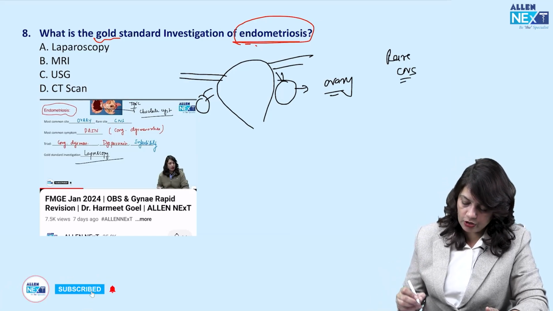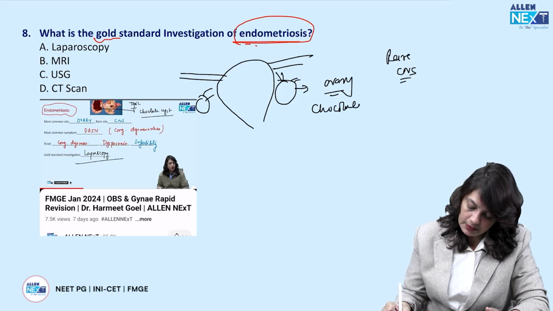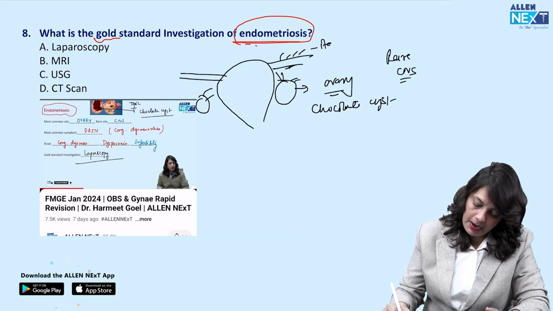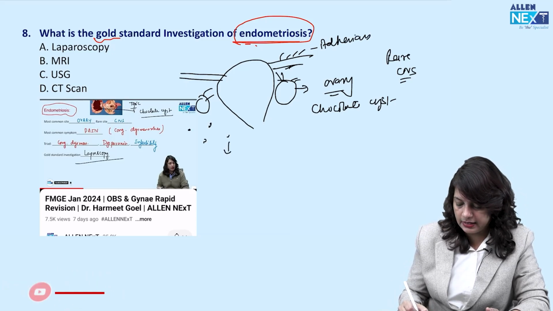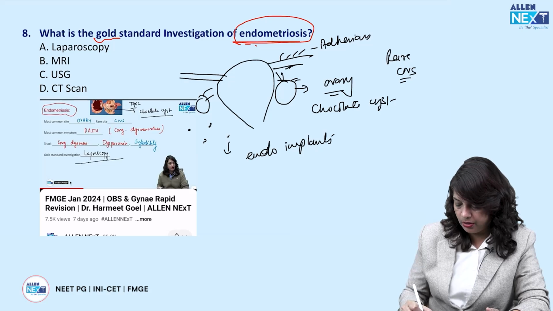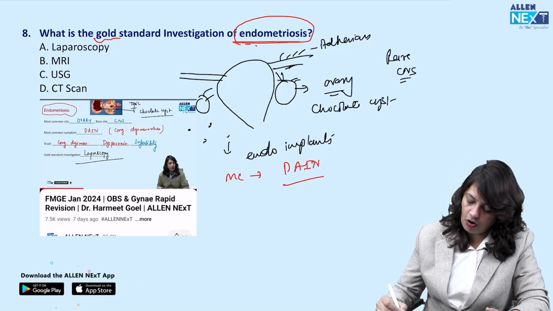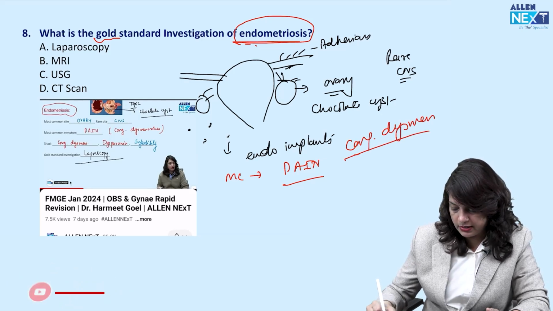So what is endometriosis? It is chocolate cyst of ovary, or there are peritubal peri-ovarian adhesions, or there are scattered endometriotic implants in the peritoneal cavity. So the most common symptom is pain, and pain of congestive dysmenorrhea is the most common symptom.